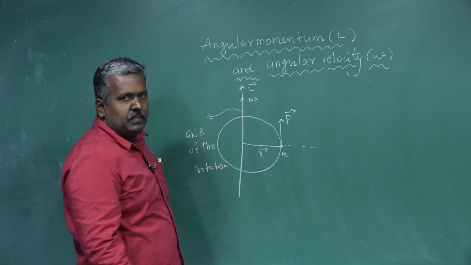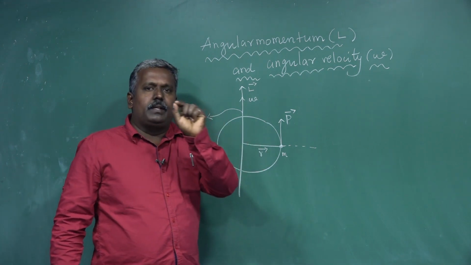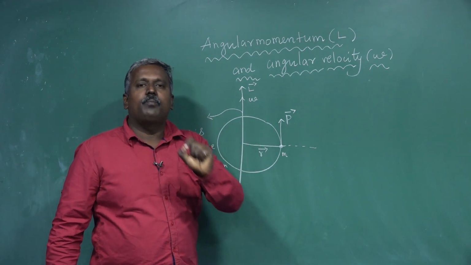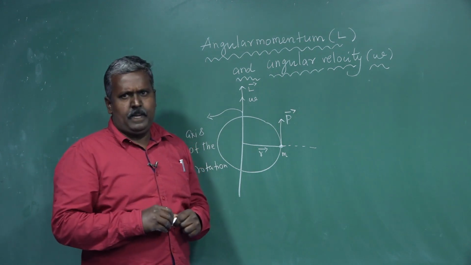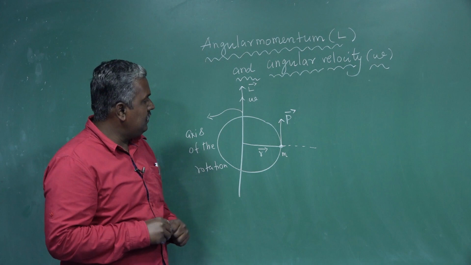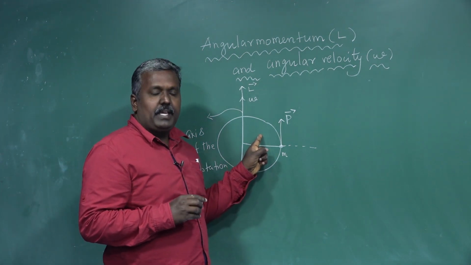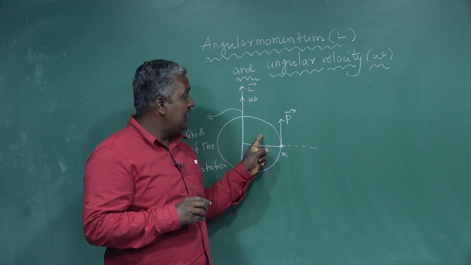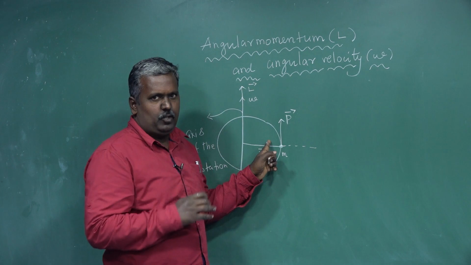Okay, what is that? Axis of the rotation. In your textbook, the diagram for the rigid body is given in a different color, shadowed. See that, no problem.